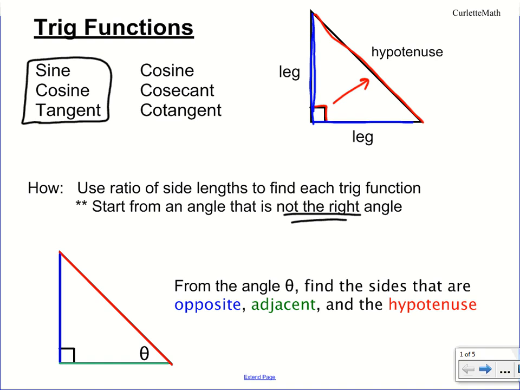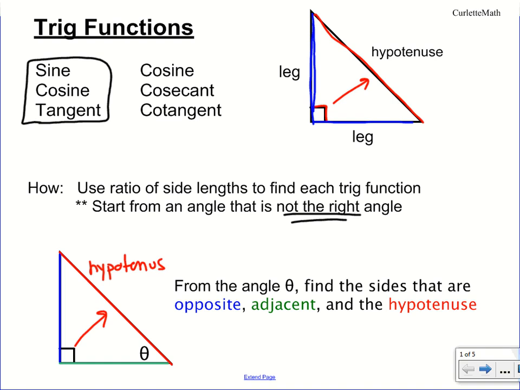Now, from the theta angle, we have an opposite side, we have an adjacent side, and we have a hypotenuse. Yes, you could look at this and argue with me and say, there are 2 adjacent sides. The red side and the green side are both adjacent. Remember, adjacent means next to. So there's a problem with one of the sides that's next to the theta angle, because it has a specific name: it's across from the right angle, so that is called the hypotenuse.